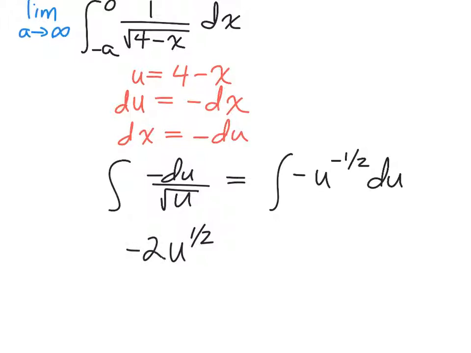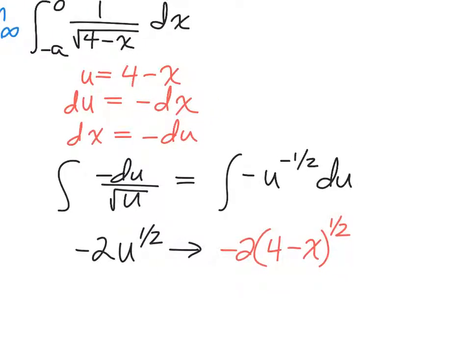So negative 2 u to the 1/2. Now it's not going to be plus c because it's a definite integral, but I do need to reverse substitute. So negative 2, 4 minus x to the 1/2, and that's happening over the interval of negative a to 0.